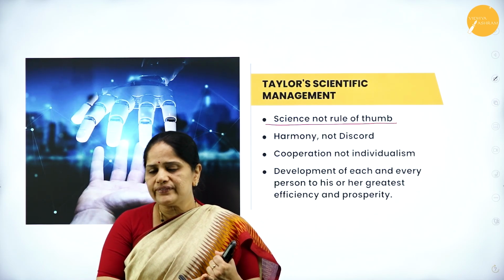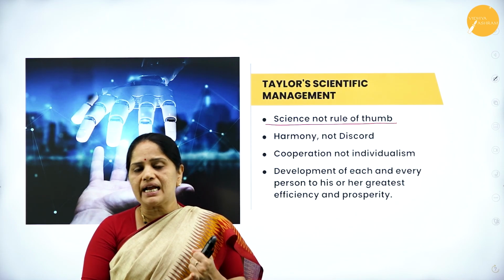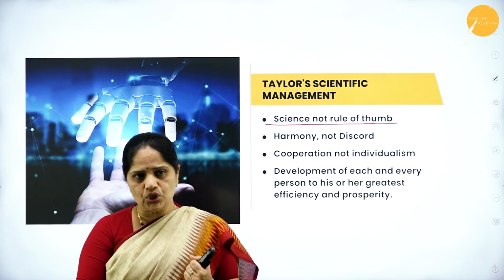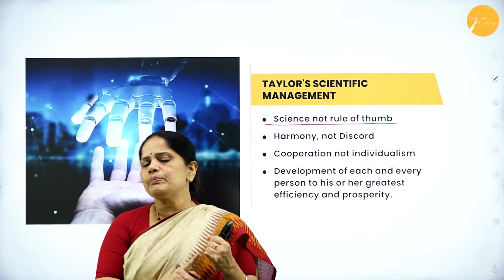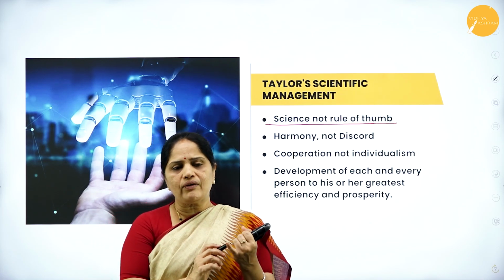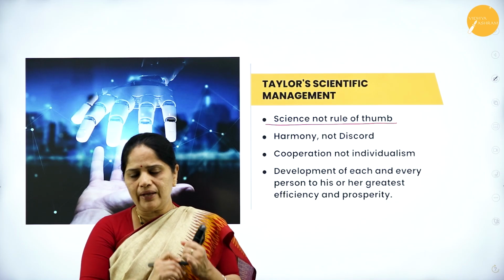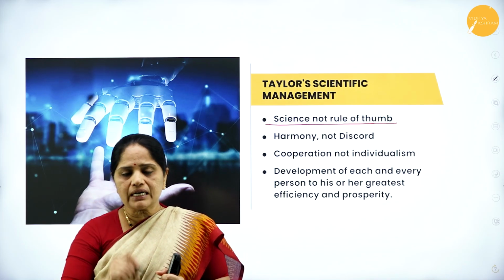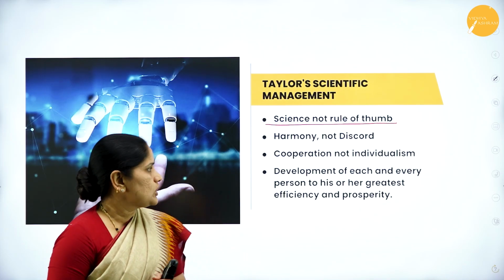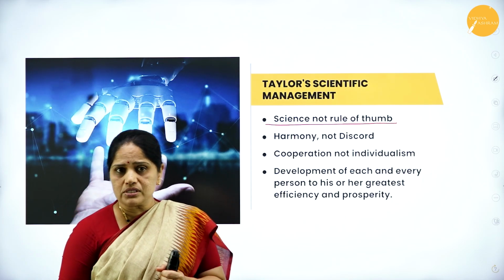It is the duty of the management to find out the best way, the scientific way of doing the job, and then there should be no room for any approximation. So whatever job you are doing, find out the best, scientific way, and see that the worker does the job in that particular way itself. So there should be no room for any approximation.